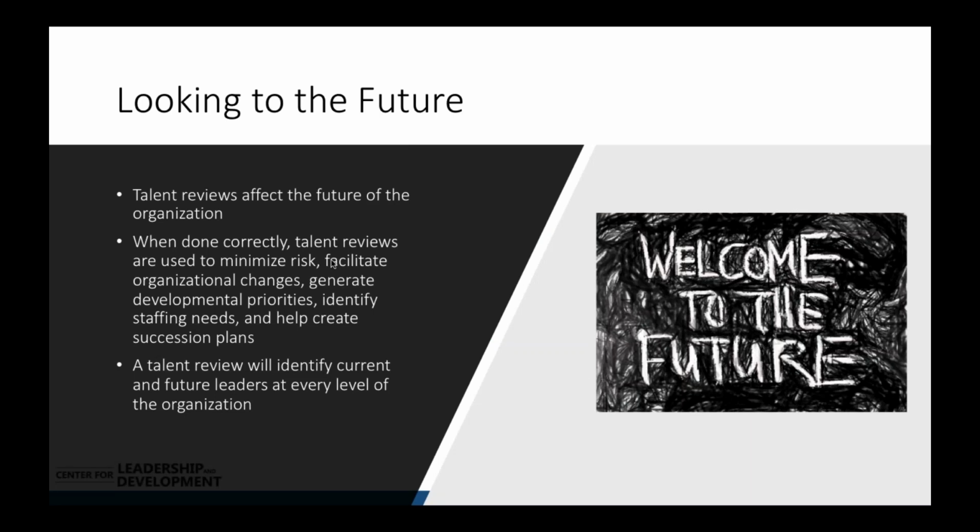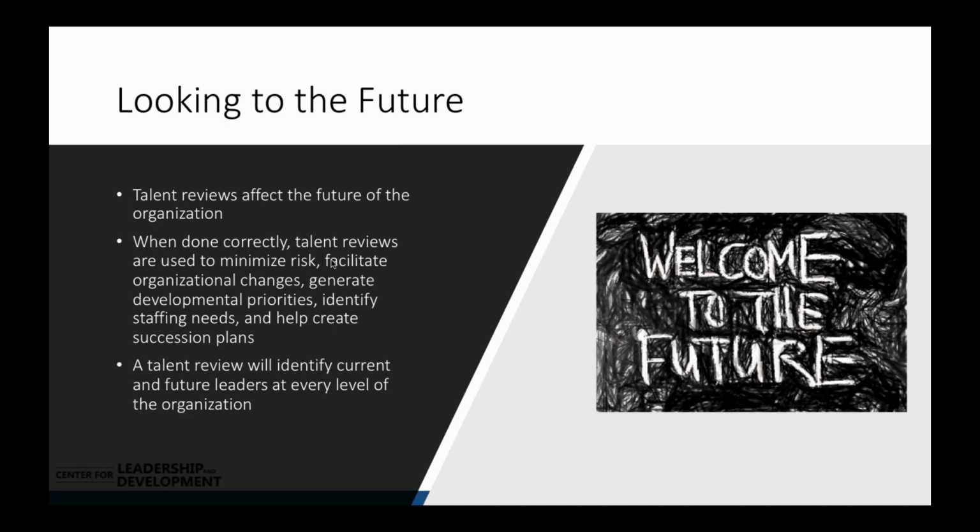So we start looking to the future with talent. We're looking at how the organization is going to grow, what the future of the organization is going to be based on the talent that we have within the organization. And we use talent reviews and performance reviews to judge what we have available to us within the teams and within the organization, and also look at where we need to prioritize development.